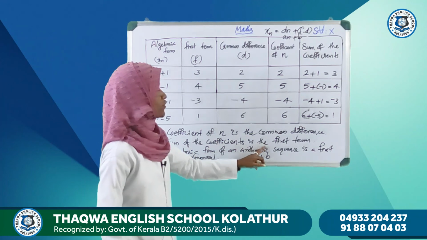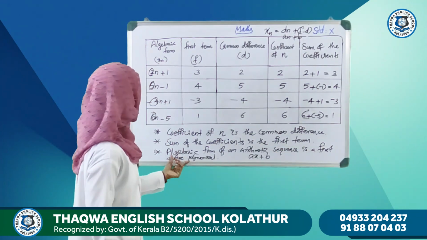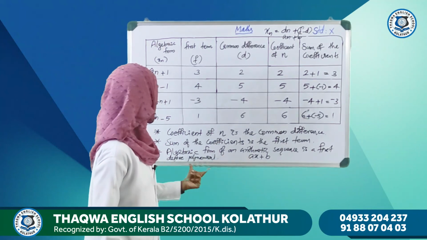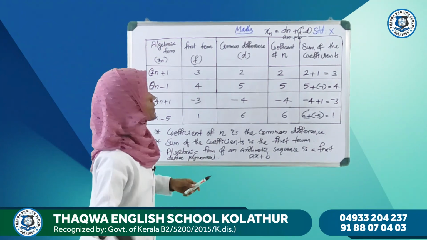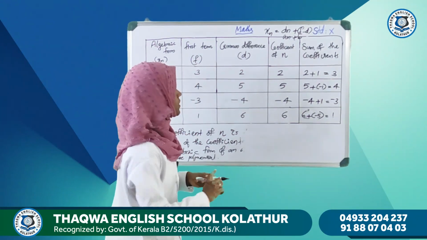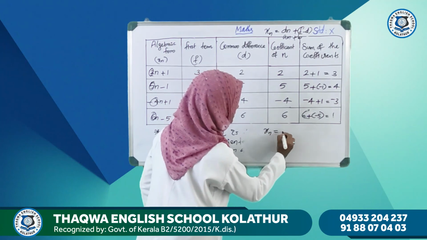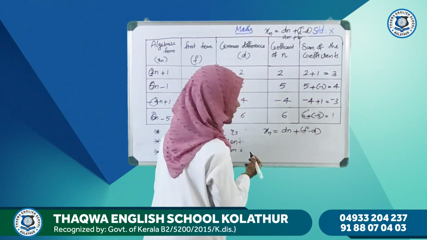Next, sum of the coefficients is the first term. Next, algebraic form of an arithmetic sequence is a first degree polynomial. Here nth term is dn plus f minus d.